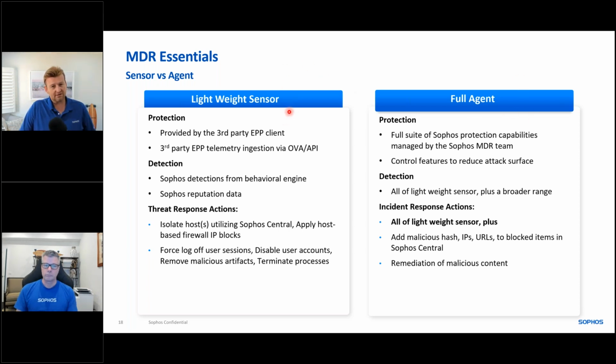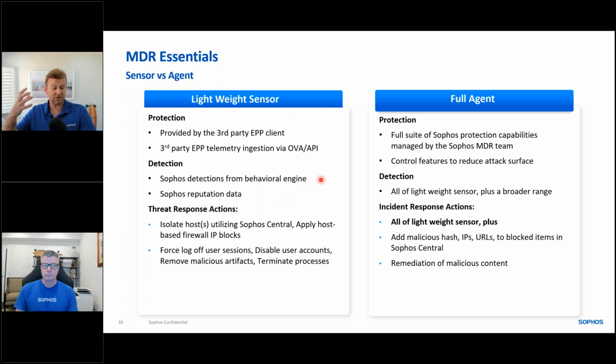The lightweight sensor is where, if you're using Microsoft Defender on your endpoint products, or your customers are, we drop this little lightweight sensor that sits next to Defender. It doesn't do any type of protection. It's not doing any antivirus, anti-malware. That's not what this lightweight sensor is for. It sits next to the Defender product, and it allows us to monitor behaviors going on on the machine.